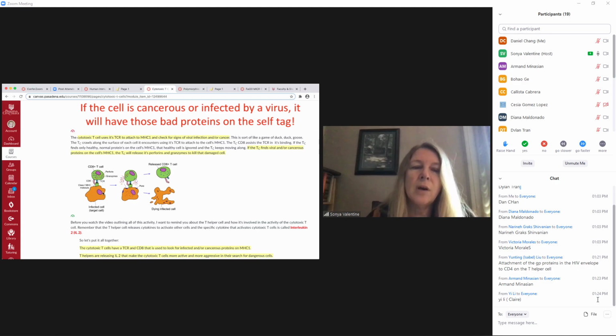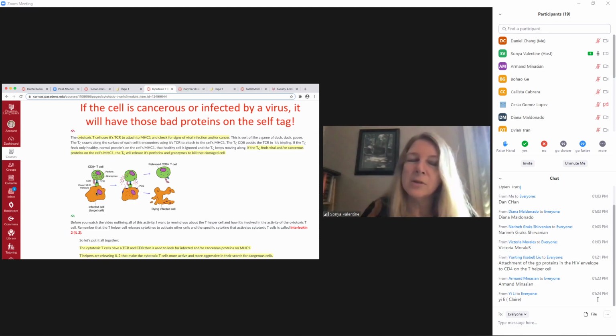And so here you have your cell that's infected, and the module goes into some detail about this: when a cell's infected, it starts looking different on the outside. It might not make its normal MHC1 ID tags.